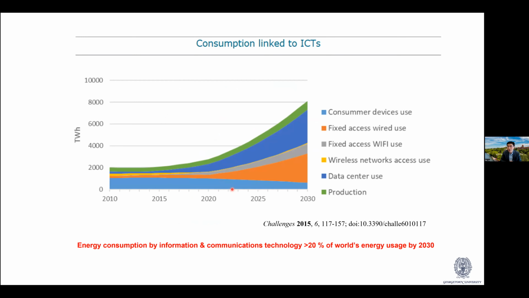And as Bob has already mentioned, there has been tremendous interest in addressing the energy challenge in information and communications technology. It has been predicted that within this decade, the energy consumption in this sector will account for more than 20% of the world's total energy use. And in fact, today it's already more than 10%.